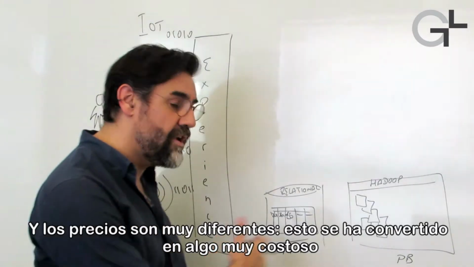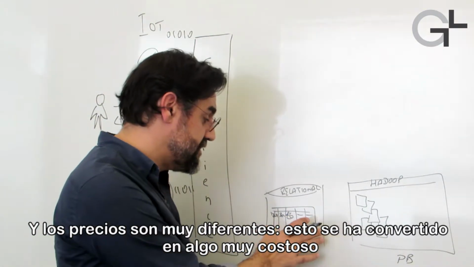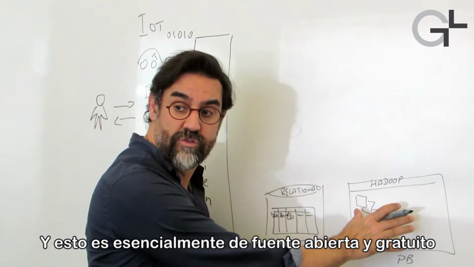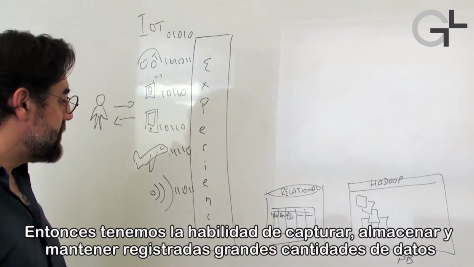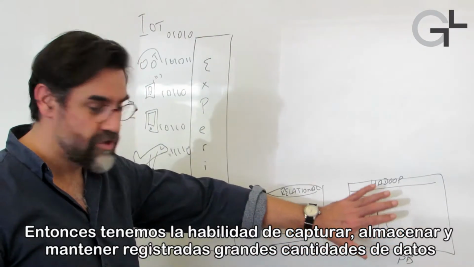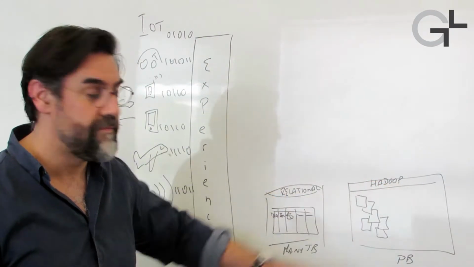And the price point is completely different. This can be very, very expensive, and this is essentially open source and free. So we have the ability to capture and store and keep for pretty much ever large quantities of data.